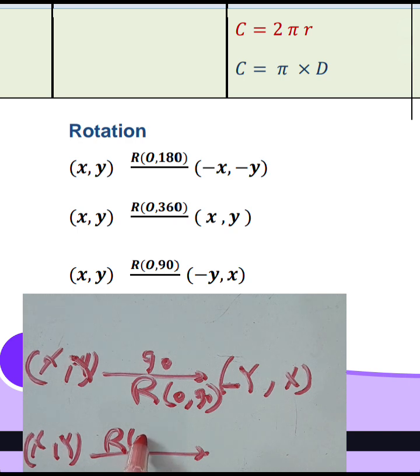And what about rotating around 0 by negative 90 degrees?